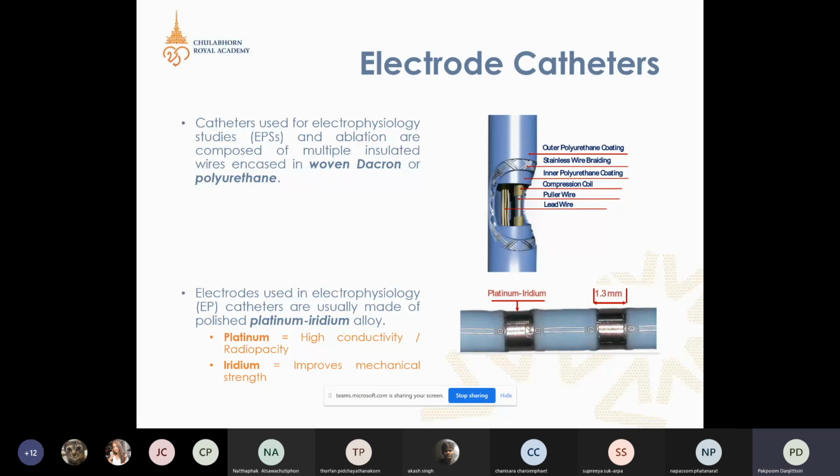High conductivity helps conduct the electrical signal from the tissue faster to the system. Okay, and what about the iridium? The property of iridium is to improve the mechanical strength. That means it increases the hardness of the electrode.